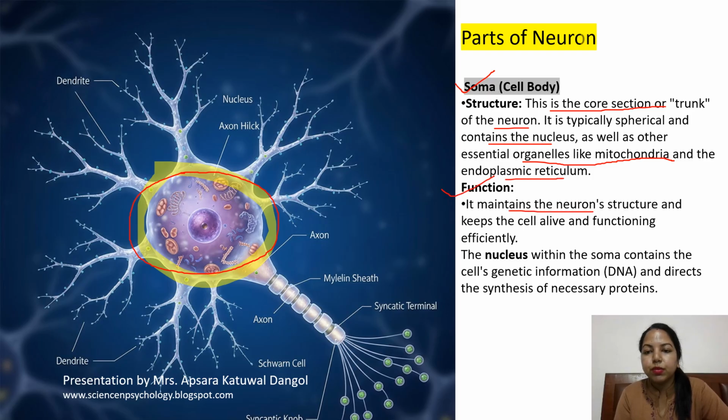Its main function is to maintain the neuron structure, keep the cell alive, and function efficiently. The nucleus within the soma contains the cell's genetic information, which we call DNA, and it directs the synthesis of the necessary proteins. Synthesis means combining the key elements together.